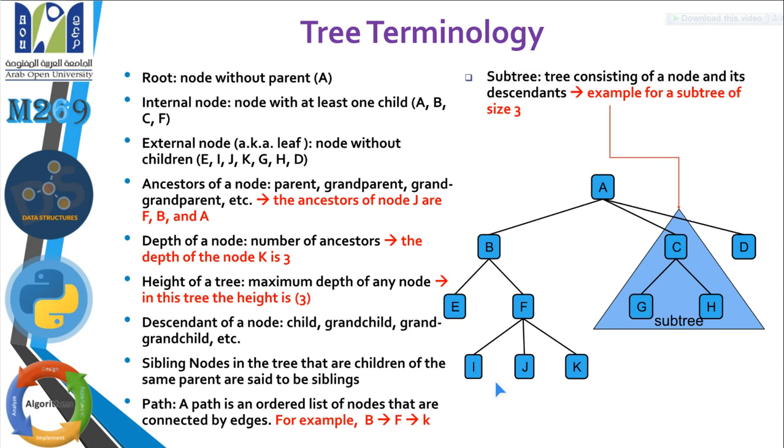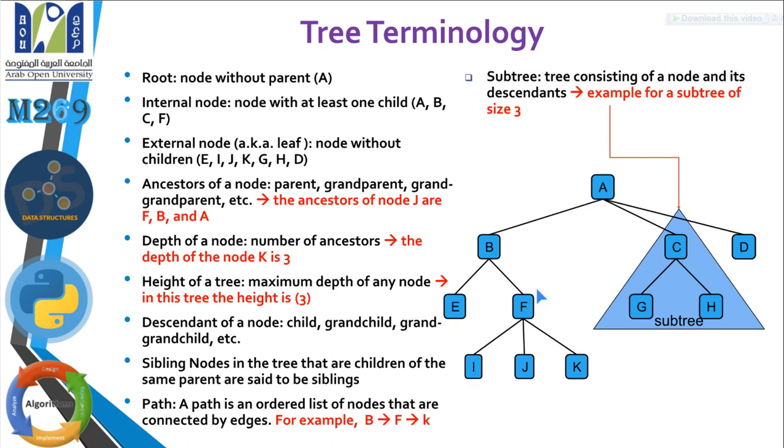تمام. طيب, siblings are actually the nodes which are the children of the same parents, اللي هم الأخوة لهم نفس الأب. Yeah, so I, J and K, they are from the same parent which is F. يعني هون ال I وال J وال K هم من نفس الأب, فبالتالي we call them siblings.